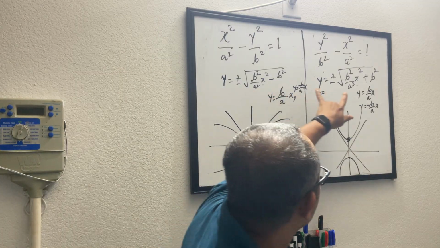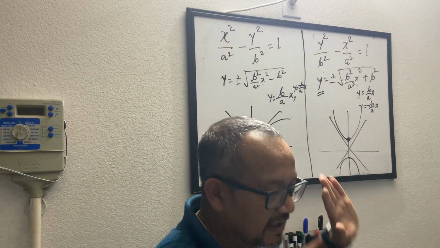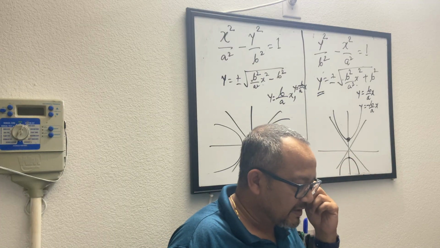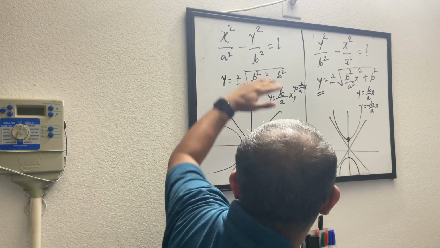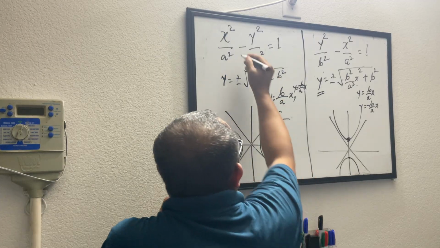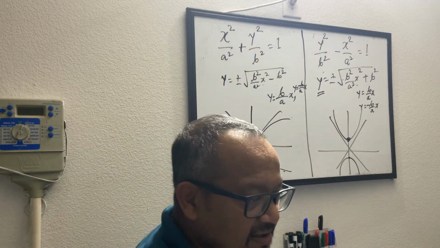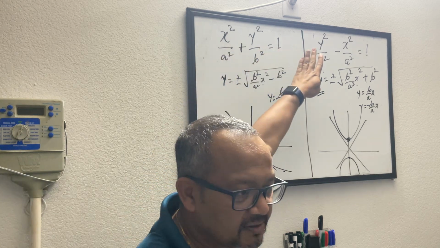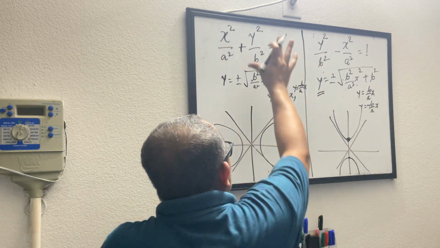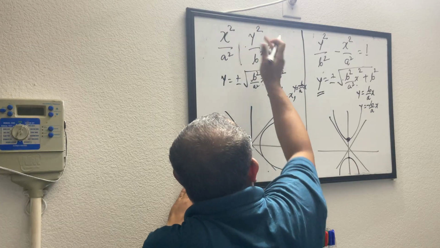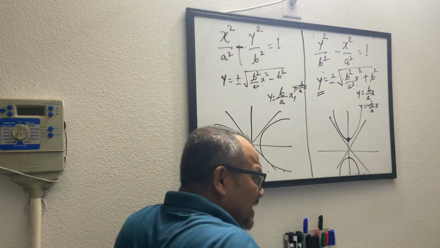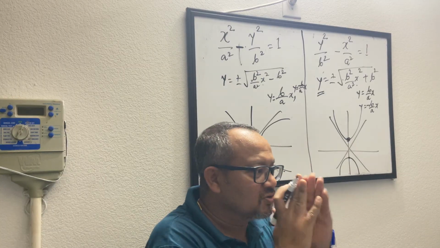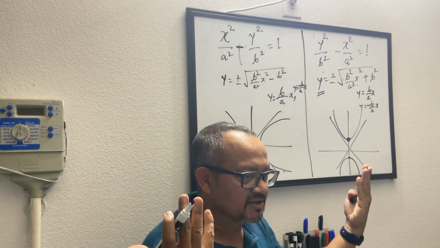Okay, let me repeat everything that I did or said. First of all, I said my equation for the ellipse is x squared by a squared plus y squared by b squared equal to 1. When we saw it visually, the hyperbola has some bearing with an ellipse. It's like you are cutting the ellipse into two pieces and flipping it in the opposite direction.